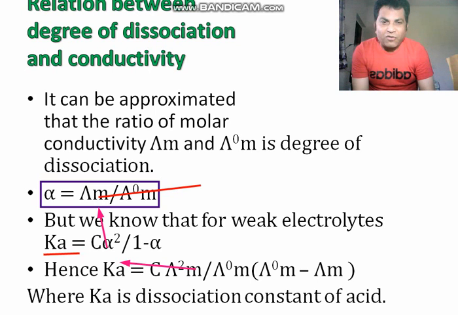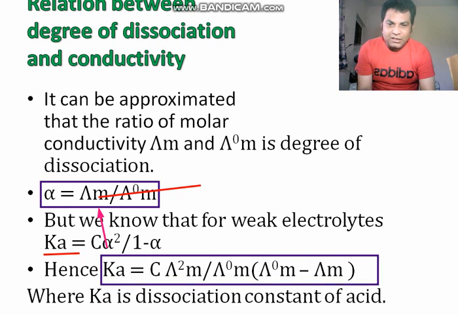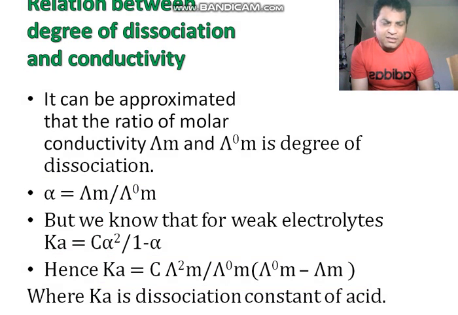So hope you understand how we can determine the value of the dissociation constant directly using the molar conductivity, limiting molar conductivity, as well as the concentration. And that is the end of the theory.